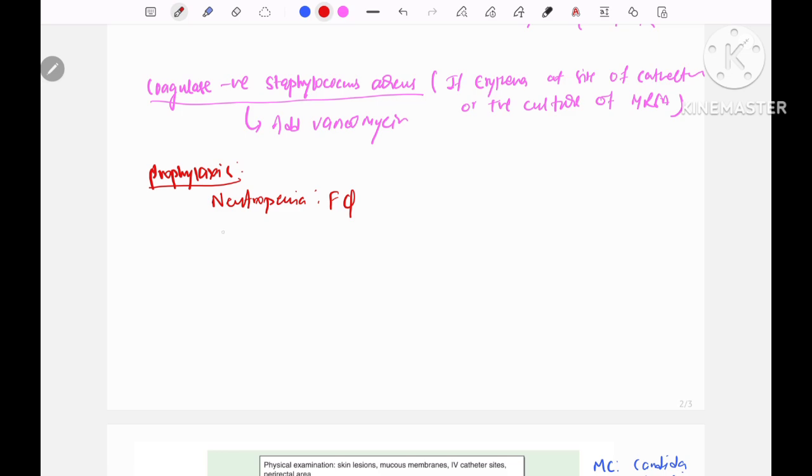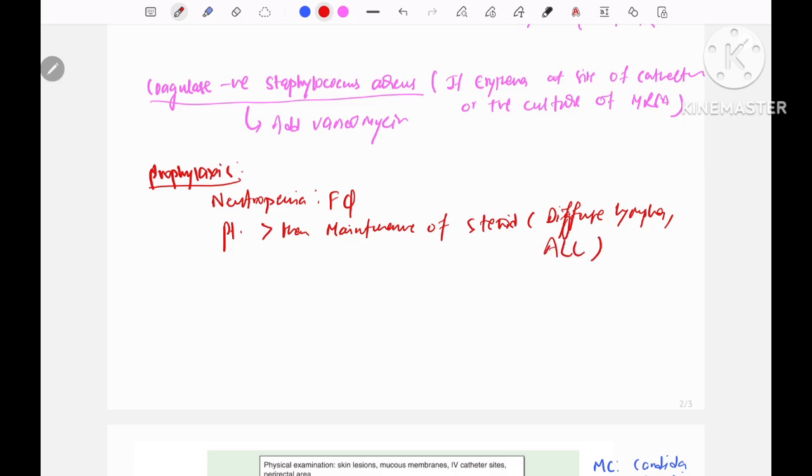And if any patient is receiving more than a maintenance dose of steroid, like in case of diffuse lymphoma, or if the patient is under maintenance for ALL, then we add the trimethoprim and sulfamethoxazole combination, because there is a risk of pneumocystis infection. So this is on prophylaxis.